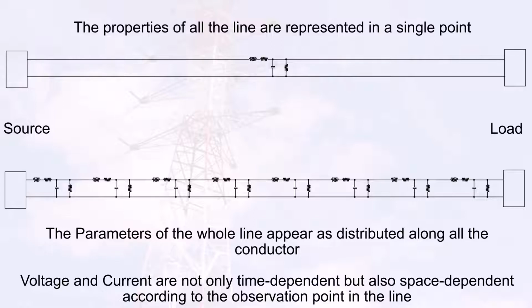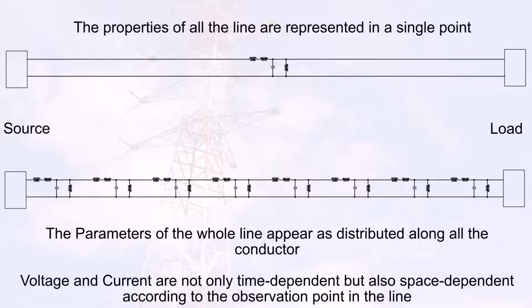As you can see, in a simpler model of lumped parameters, the whole transmission line is modeled as if its characteristics were located in a single point, and because of that we will only have variations in time.